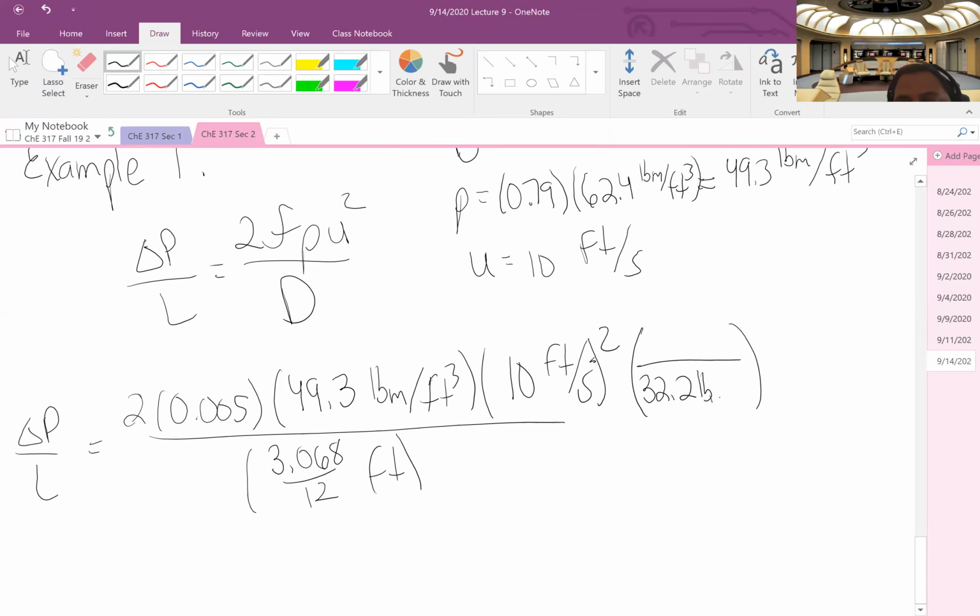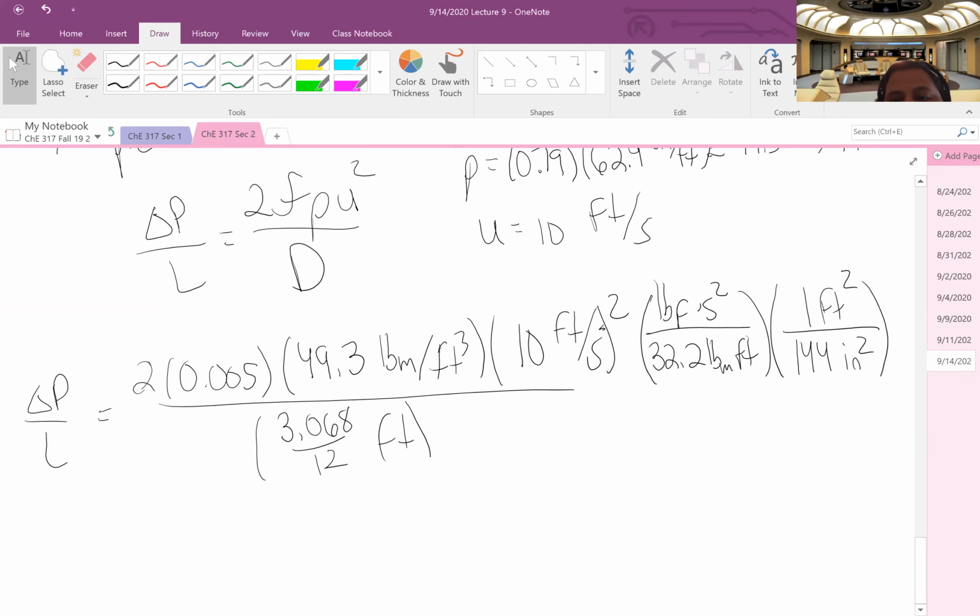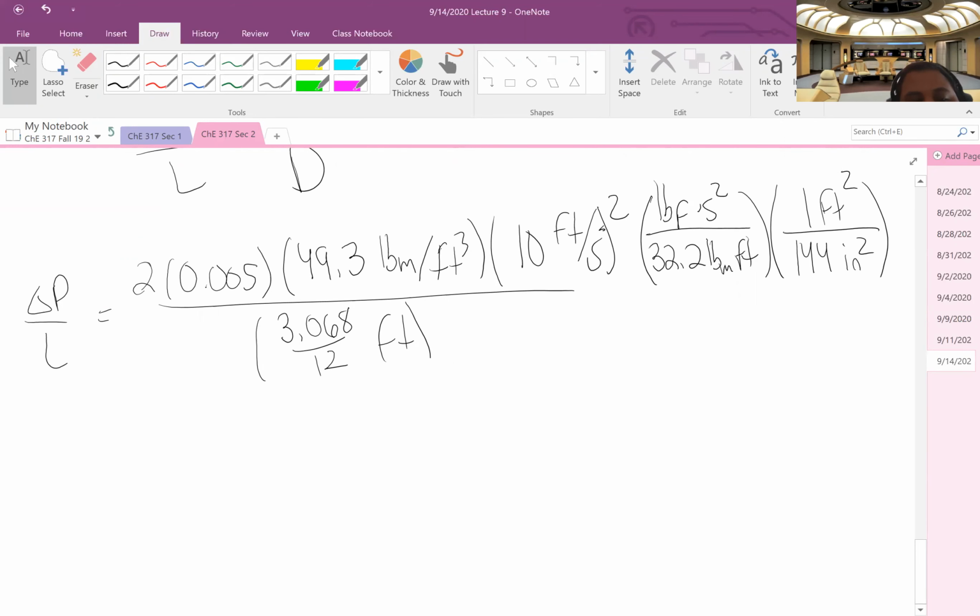And we also have to change one of those feet that we end up with, our feet squared, to inches squared to get PSI. So 1 foot squared is 144 square inches. If we do all that, the units cancel and we're left with pound force per inches squared per foot, or PSI per foot. And we should have a final solution of about 0.042 PSI per foot.